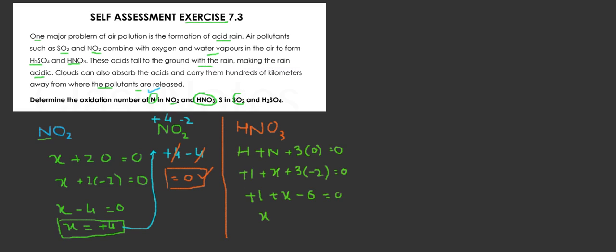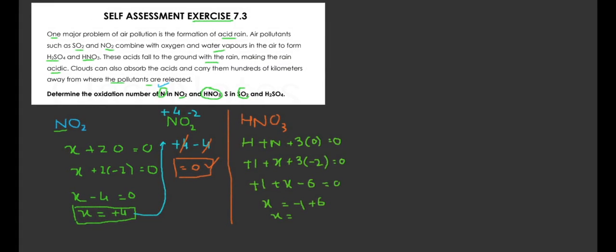Now move the +1 and -6 to the other side of the equation. +1 would be equal to -1 and -6 will become +6. So x is equal to -1 + 6. What will you get? You will get +5.